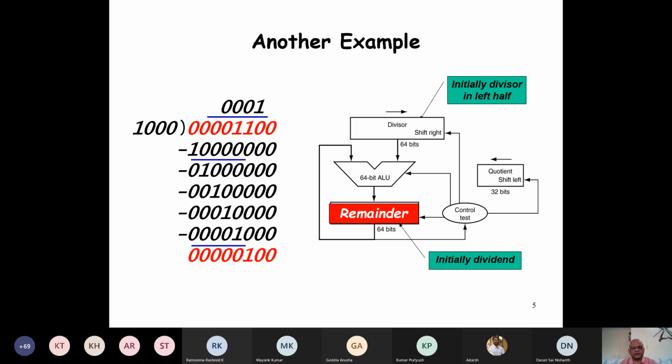So what we do is we put 1100 on the remainder and fill the upper 4 bits with zeros. We put the divisor on this divisor register and put the lower 4 bits as zeros.